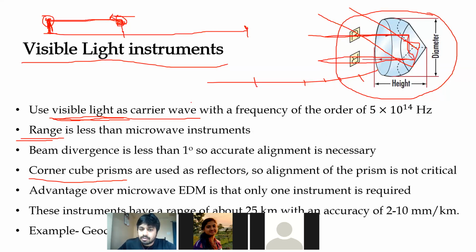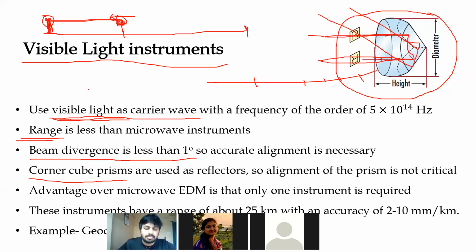So we don't require any passive instrument at the destination. This corner cube prism will help us send back the signal in the same direction from where it came. And also the beam divergence is less than 1 degree.